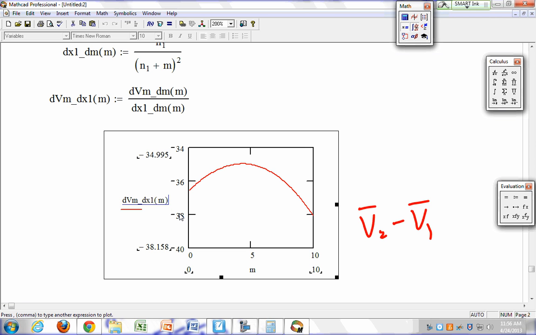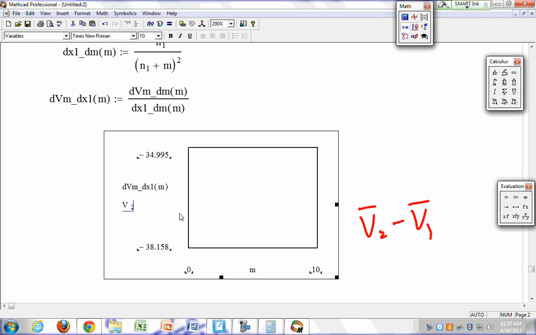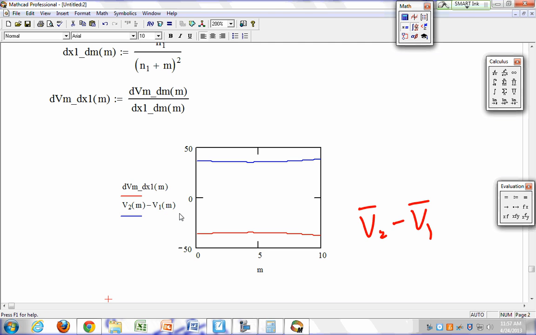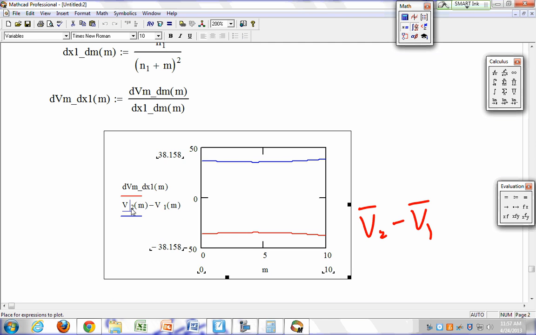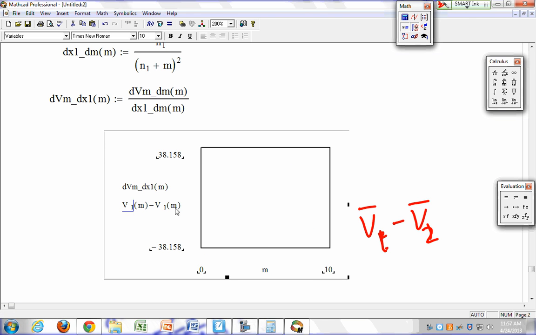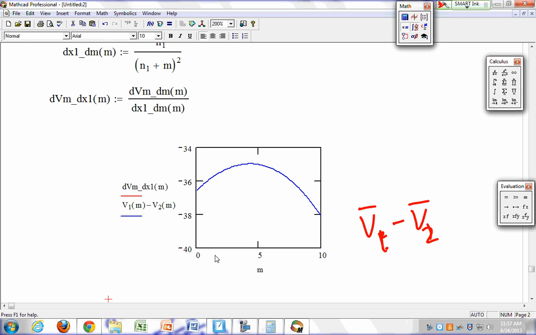So V2 as a function of molality minus V1 as a function of molality. Oops, sorry, it should be V1 minus V2. Sorry, V1 bar minus V2 bar. And you can see both curves are identical.